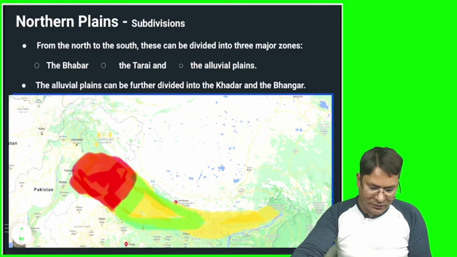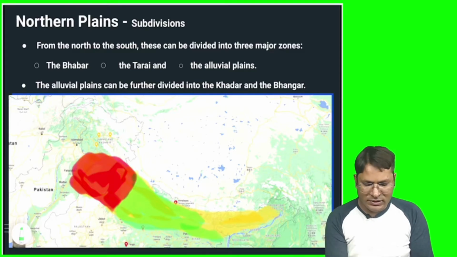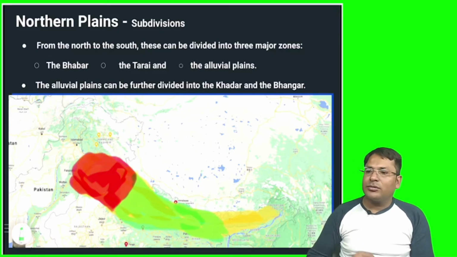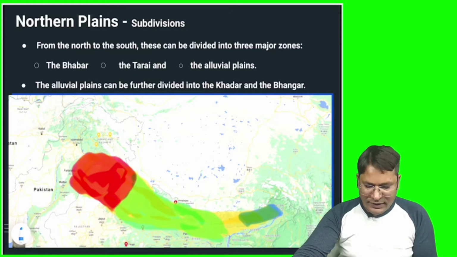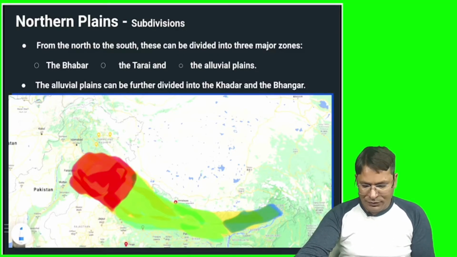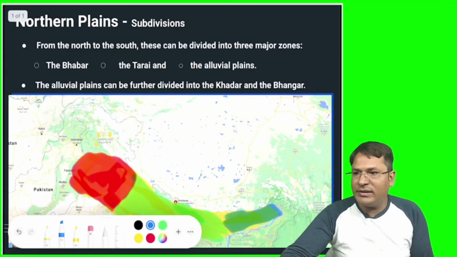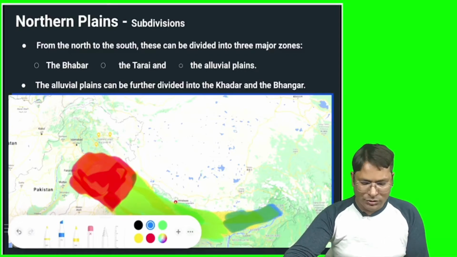And in the east, this area is the part of the river Brahmaputra. So if we start dividing these areas from north to south.